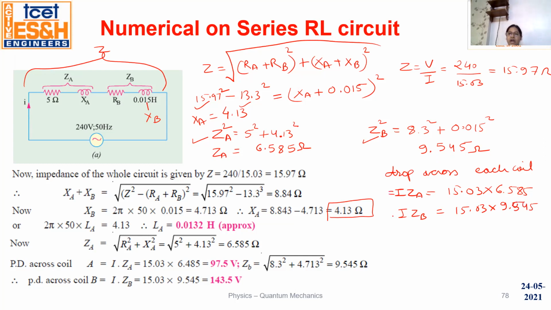So it will give I into ZA and I into ZB. So this is 97.5 and this is 143 point something. So this is your complete numerical.